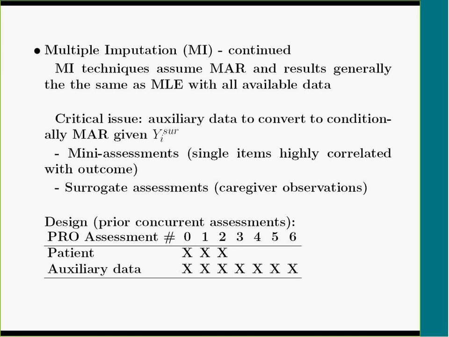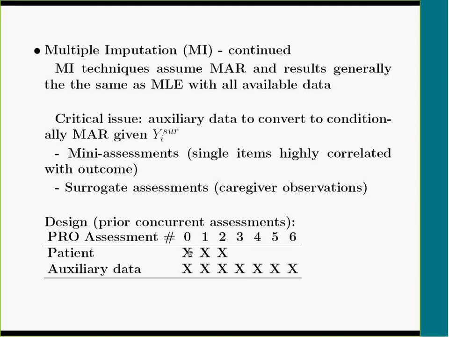Those assessments may be one source of that ancillary information, or a surrogate assessment like caregiver observations. And it's actually important that we have concurrent assessment where the patient can do the assessments. We don't directly substitute the caregiver data for the patient data.